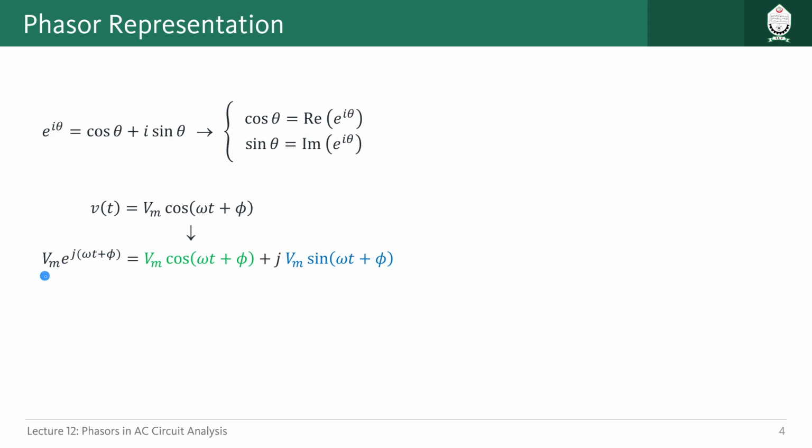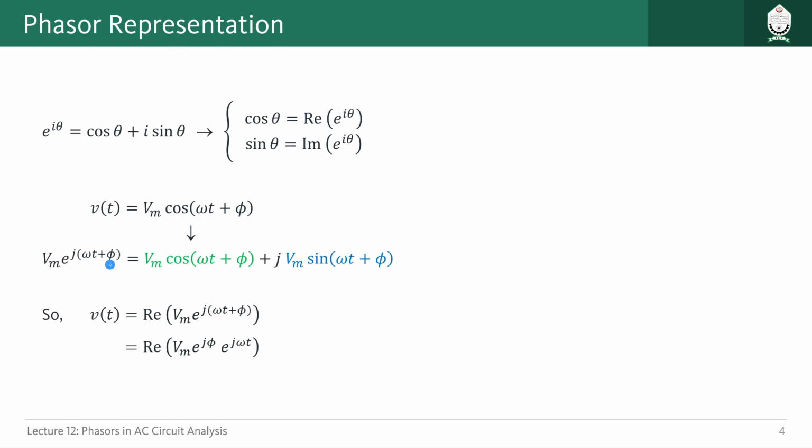We have just modified the complex exponential so that we get this expression. Here the real portion of this complex exponential looks exactly like our V of t, and there is another imaginary portion, and the real portion is Vm cos omega t plus phi. So we can write V of t is equal to the real of this complex exponential, which is Vm e to the power j omega t plus phi.